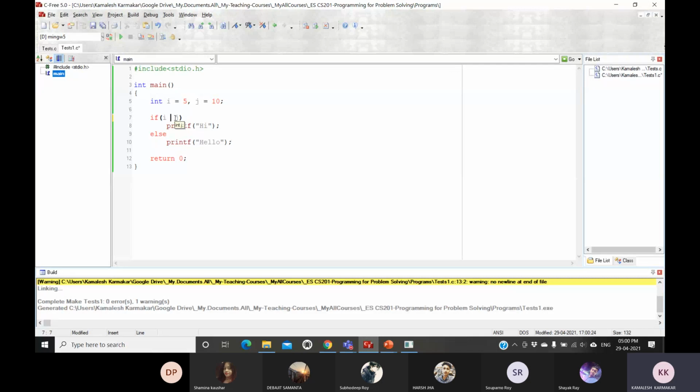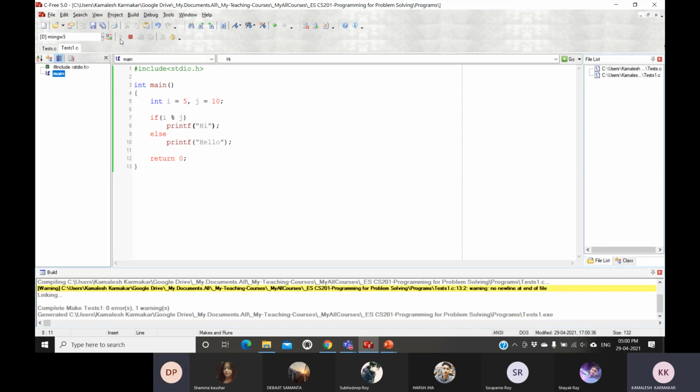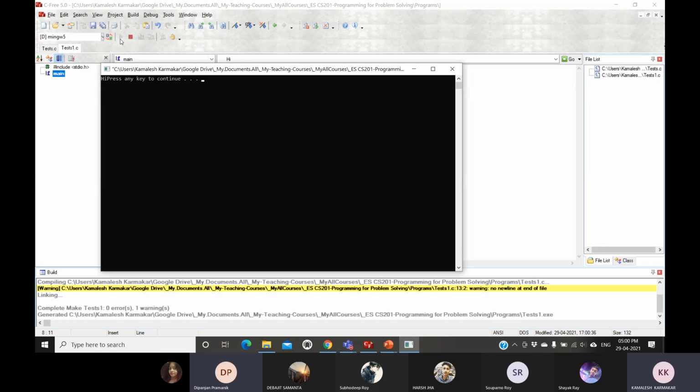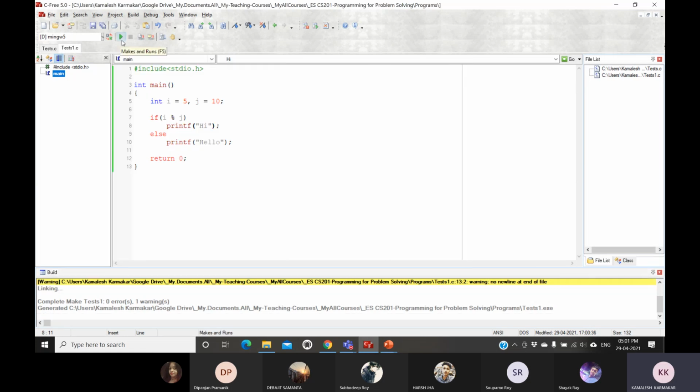If i modulo j, what will happen? 5 modulo 10, the value is 5. So 5 is a non-zero value, so it will be high.